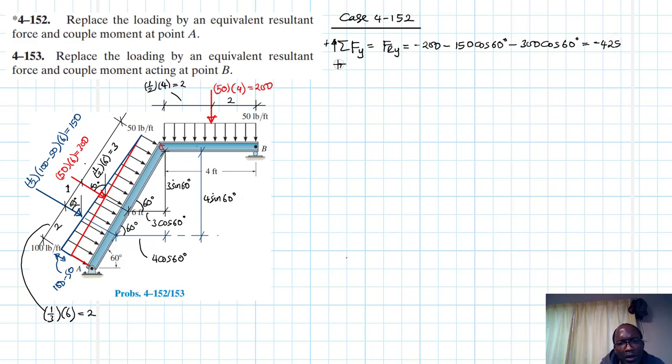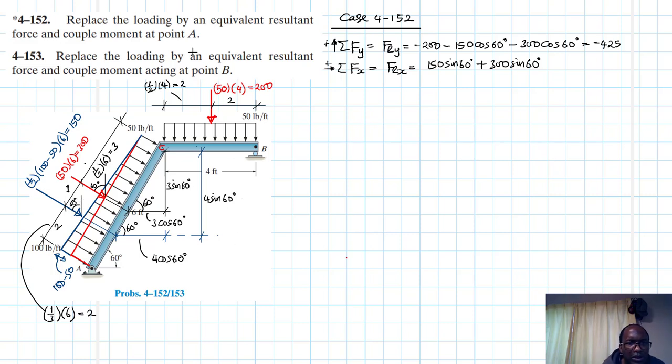Then we'll have the summation of forces in the x, going in this direction as our reference. We'll call it FRx, and this is going to be equal to a component which is positive 150 sine 60 plus 300 sine 60. So we have these components here.